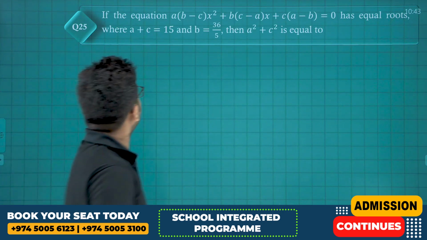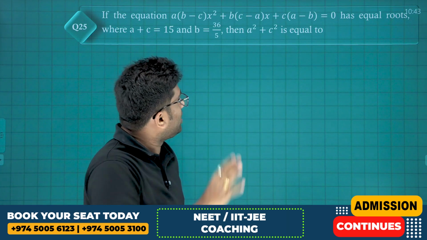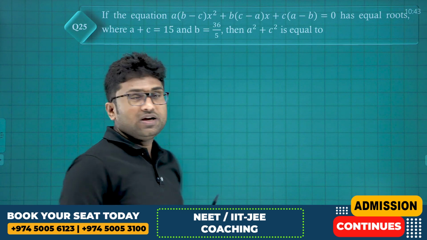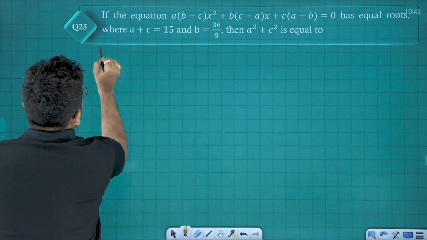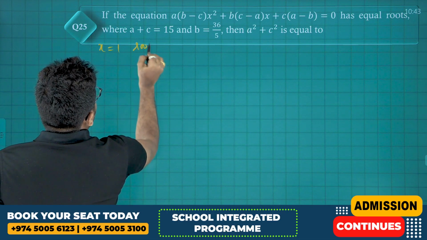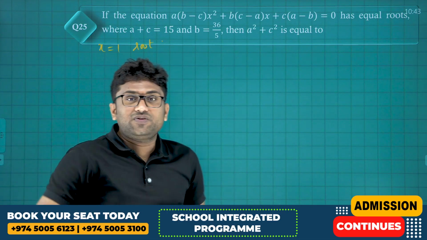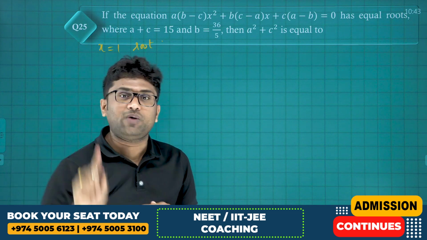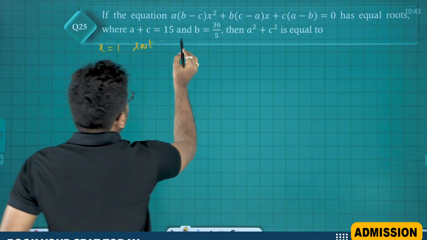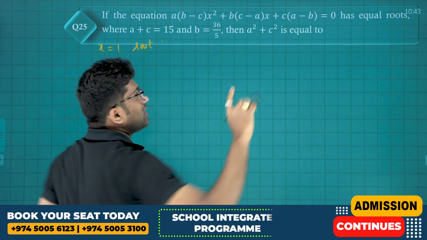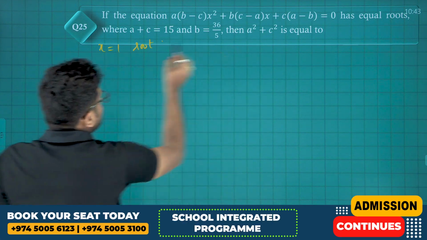The last question. If the quadratic equation has equal roots, friends, just by looking we can say x equals to 1 is the root. And if this has equal roots, the other root will also be 1 again. 1 comma 1 are the roots now. If 1 comma 1 are the roots, what is the product of the roots? Product of the roots is generally c by a. What is c by a here?